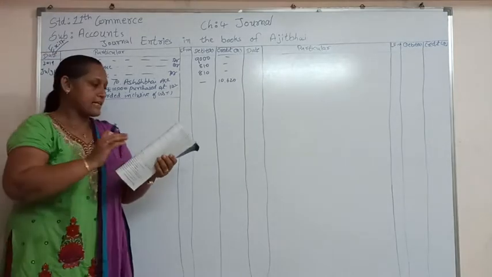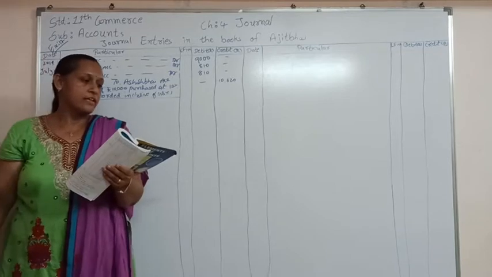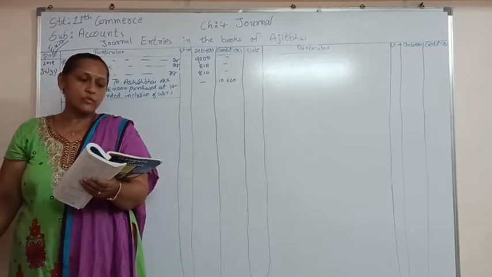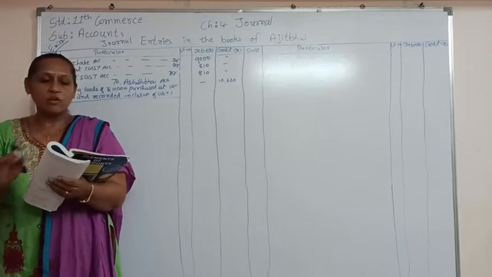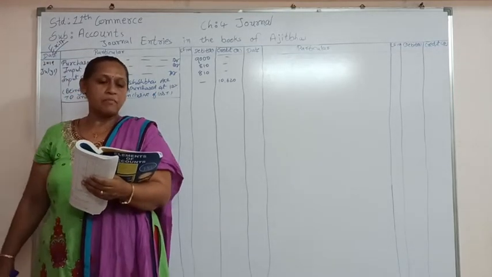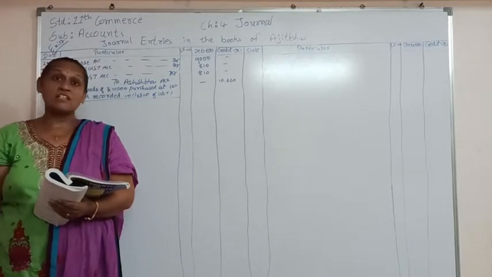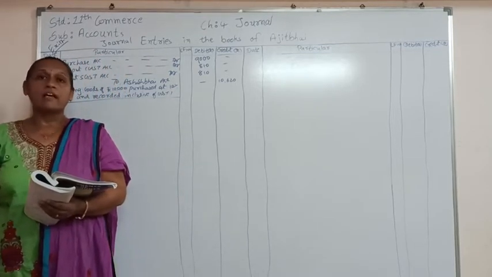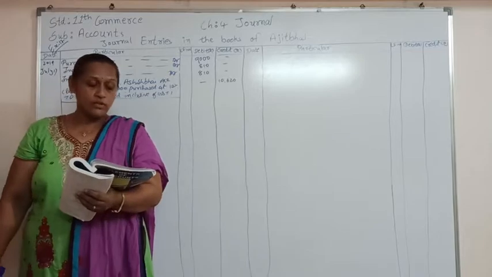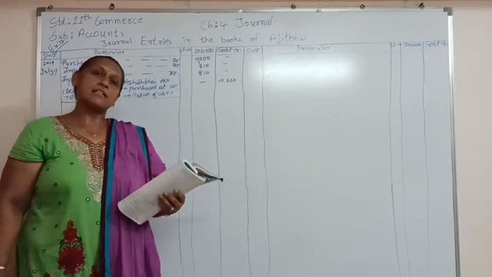Now let's see the second transaction on the 4th. Goods of rupees 20,000 purchased at 10% trade discount from Ranchodbhai of Ranchi, and payment is made through cheque. Ranchi is in Jharkhand, so it is outside Gujarat, and for that we are going to debit the input IGST account.